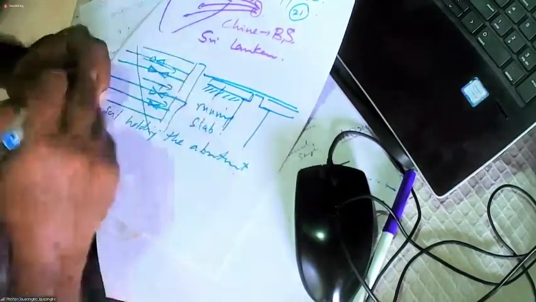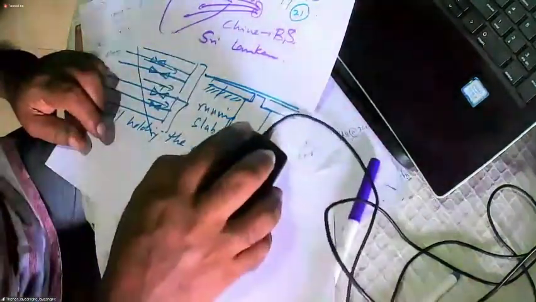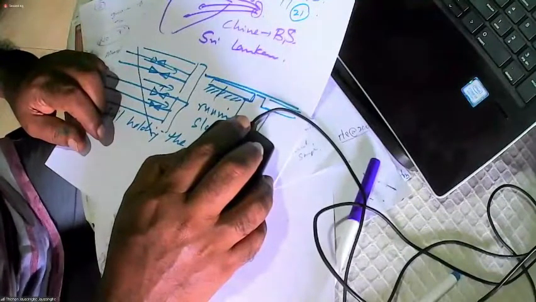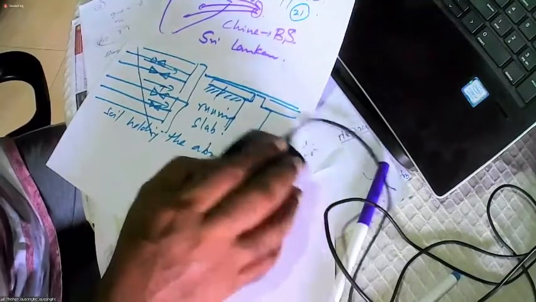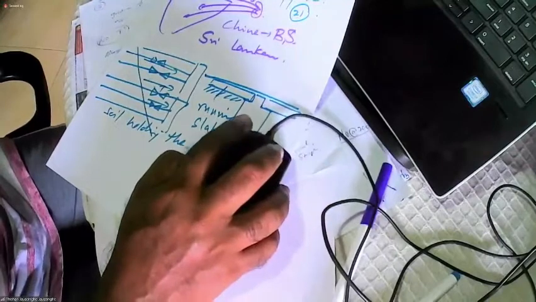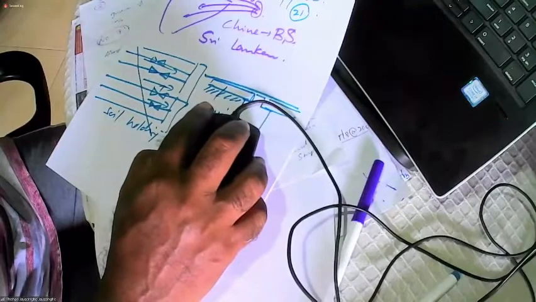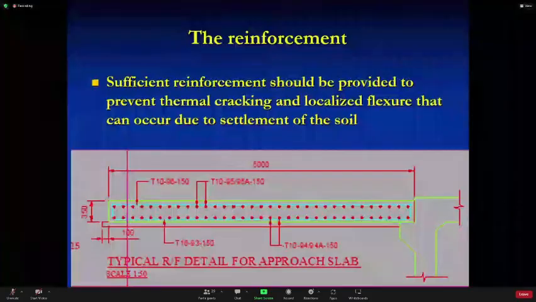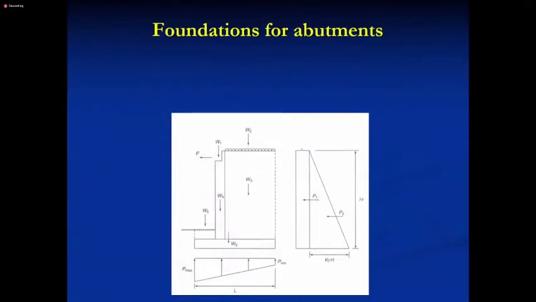So running slabs can be used in bridges. It's just a slab that we allow to settle with the soil so that you can avoid the settling before the abutment. So this is the kind of forces that will act on an abutment.